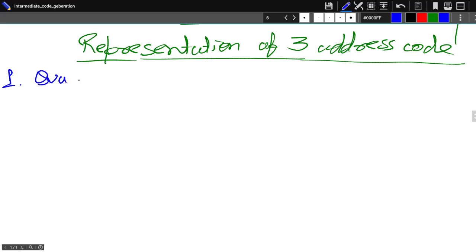You may have heard about quadruple. If not, here we are saying what happens in quadruple. You will just represent whatever operators are being used, the operands and the results. You will prepare the table.